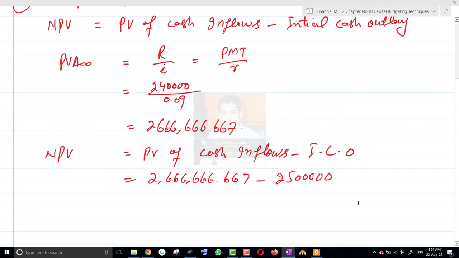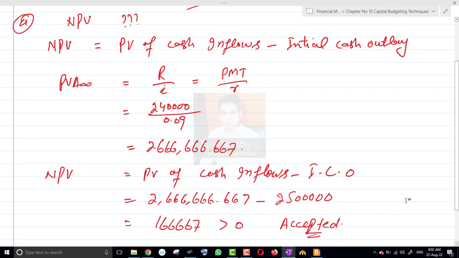The NPV is positive, greater than 0, so it will be acceptable. This is requirement number A, section A.